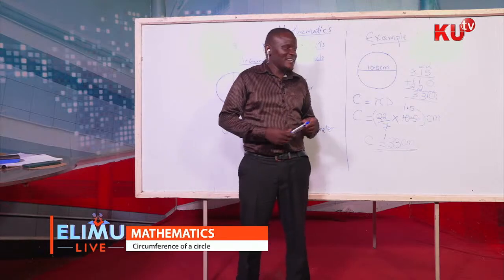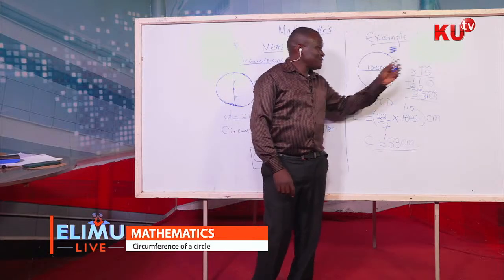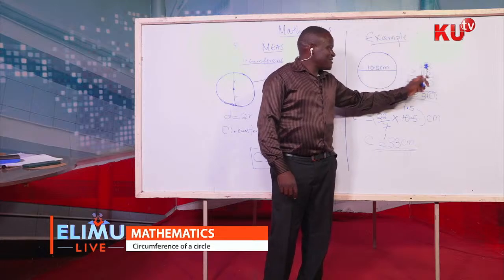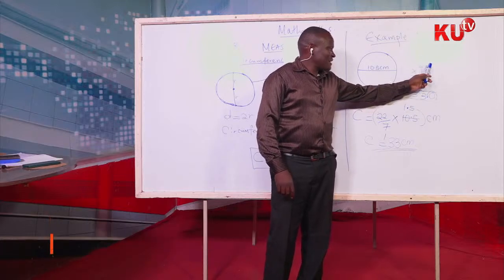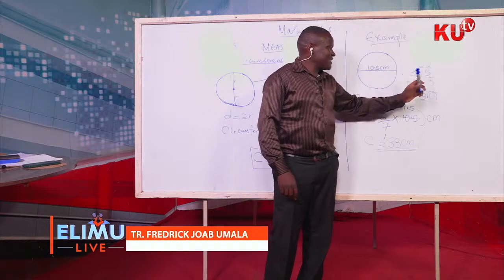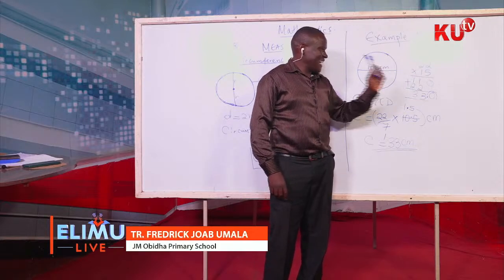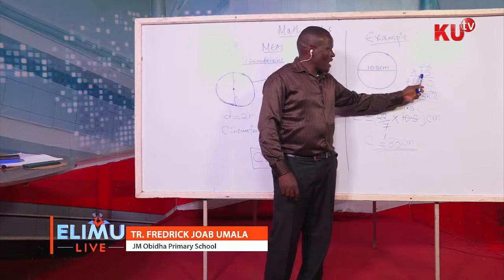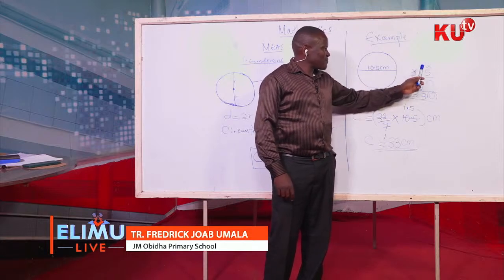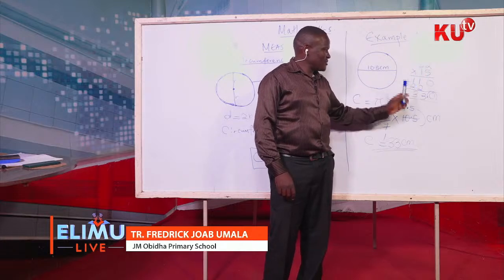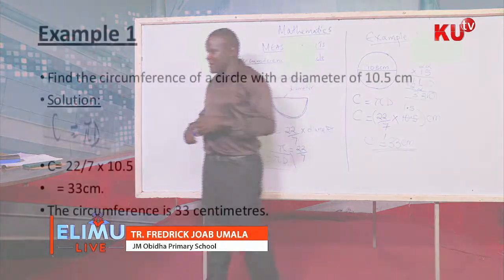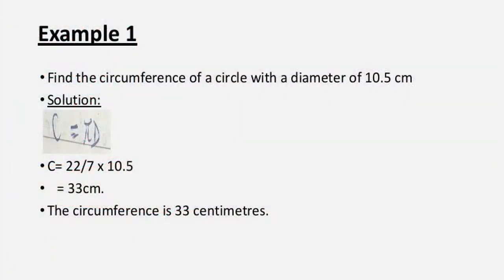So we proceed to multiply 22 by 15. 2 times 5, 10, so we write 0 and carry 1. 2 times 5, 10, plus 1, 11. Then 1 times 2 is 2. 1 times 2, 2. Then we get our answer as 33. We are moving on to the next example.